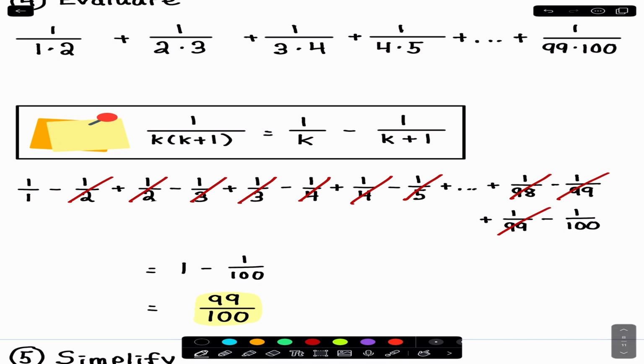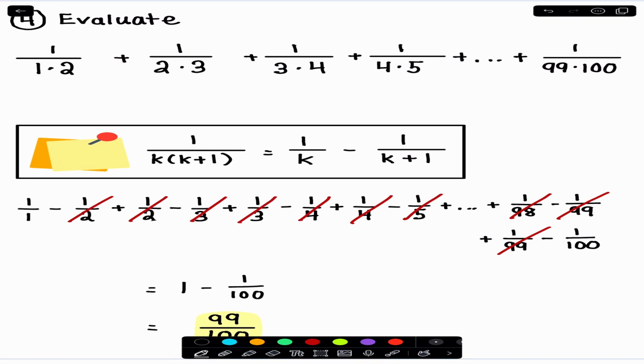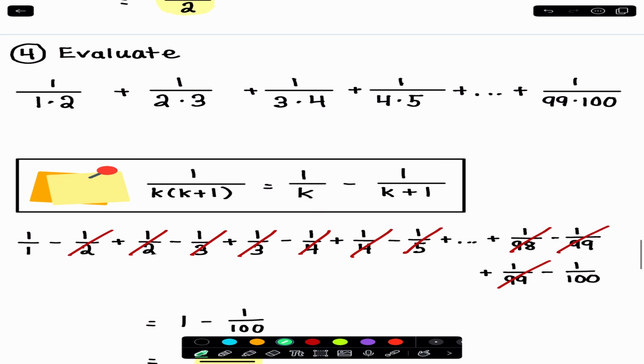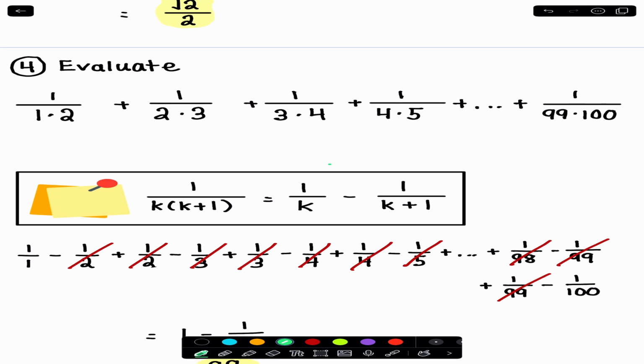Now, keep in mind that we were only able to do this problem because we were given this useful tip. But let's say we were not given that. How would we find something like this? Well, that's a topic for another day. I'm glad you asked that question, but that is a topic for another day.